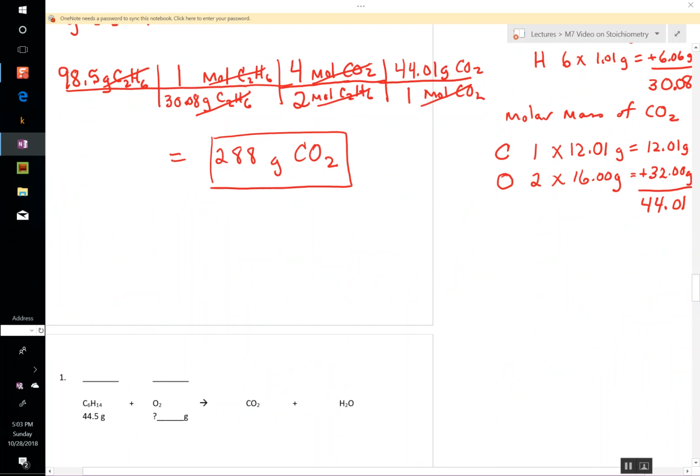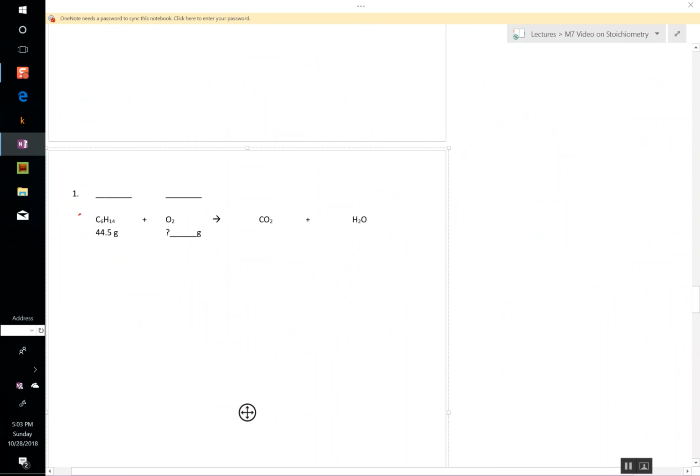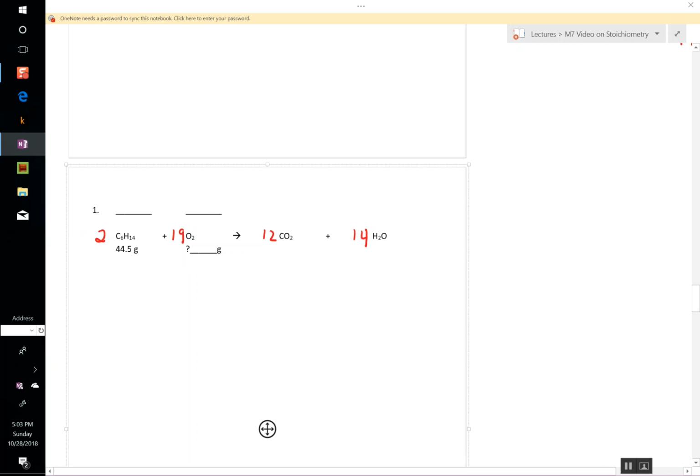All right. So this equation we balanced previously. The coefficients are 2, 19, 12, and 14. And similarly, now the question really is, how much oxygen will be consumed when 44.6 grams of C6H14 completely reacts? So in this case, you need the molar masses of C6H14 and O2.